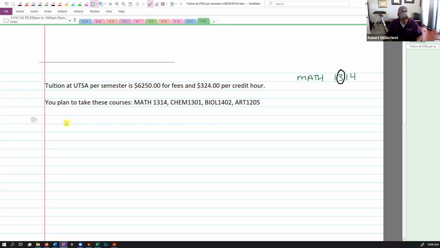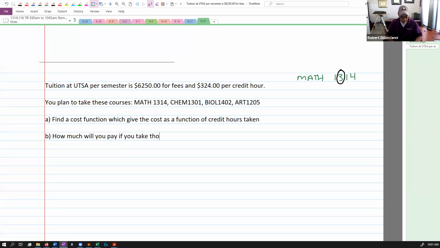Here's what I'd like for you to determine. First, part A, find a cost function which gives the cost as a function of credit hours taken. B, how much will you pay if you take those classes?